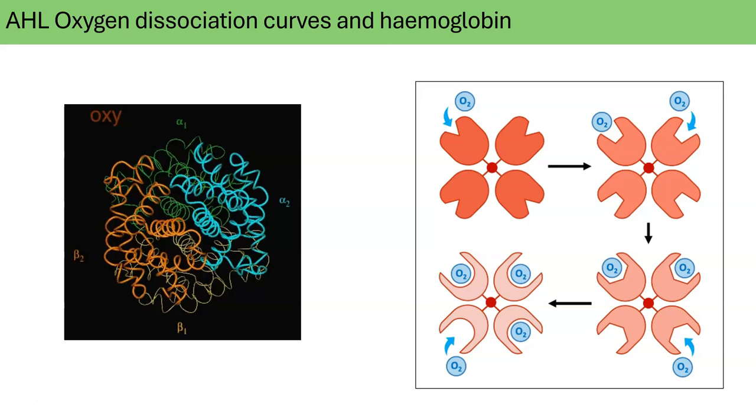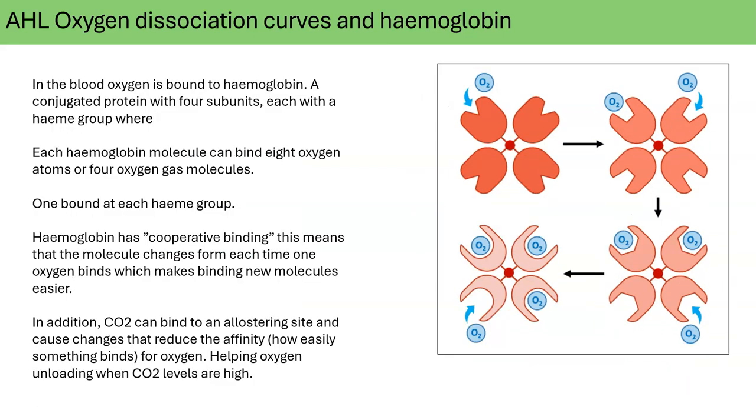The binding of oxygen to hemoglobin has a feature called cooperative binding that helps oxygen to bind to hemoglobin. So this means that when one oxygen molecule binds, it changes the conformation of the molecule.